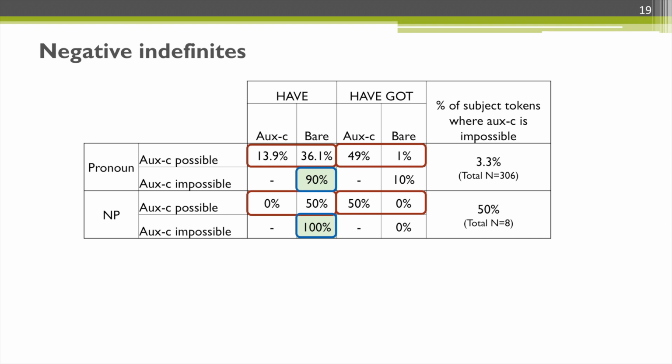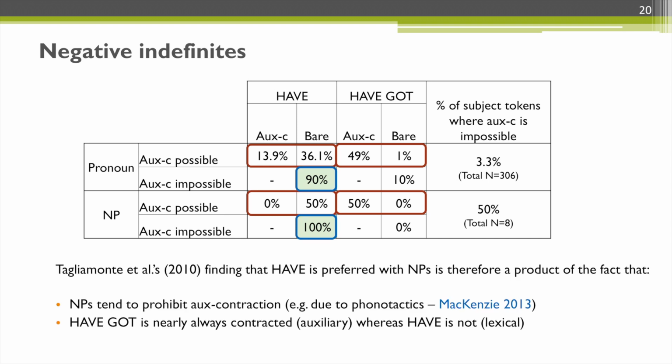So as I'll come on to, NPs generally prohibit aux contraction because, for example, you might have a relative clause, so the men who have... I keep using car for an example.